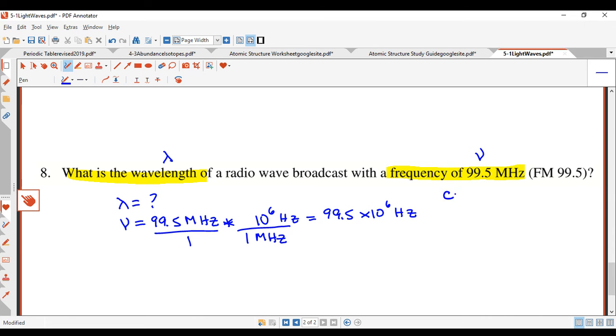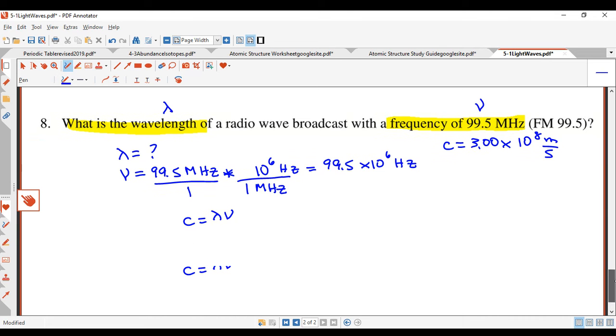And then we have our speed of light, 3 times 10 to the 8th meters per second. So now we're going to solve for wavelength. We have our speed of light equals our wavelength times our frequency. So let's plug things in.